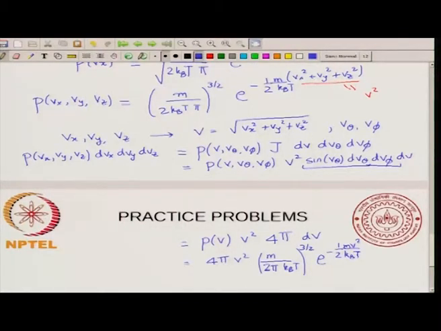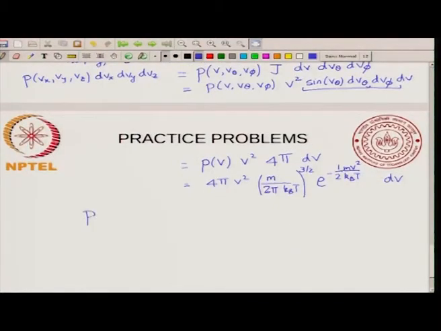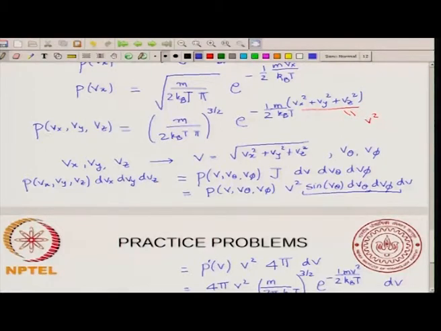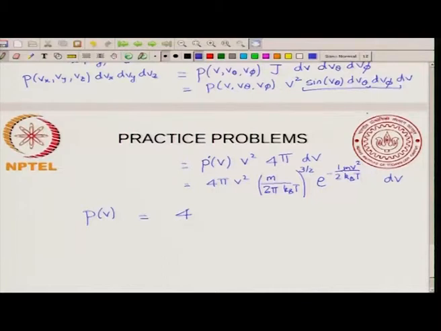Okay. So, this is the Maxwell-Boltzmann distribution of speeds dV. Okay. And what you can say from this is that P of V, I should call this P prime of V here, because what you are doing is you are expressing the original distribution in terms of Vx, Vy, Vz in terms of V. Okay.